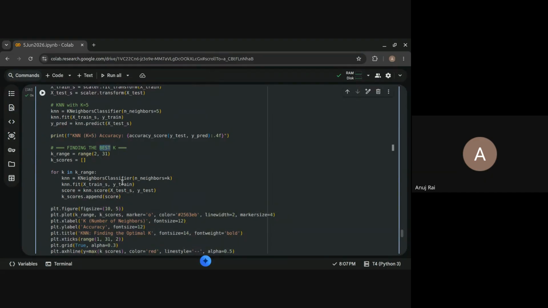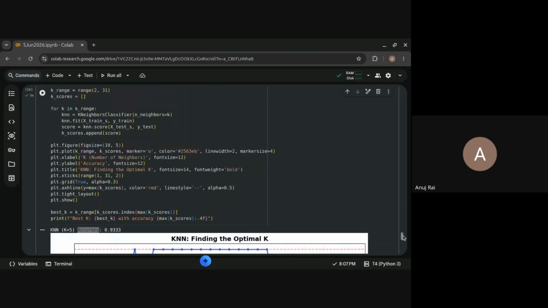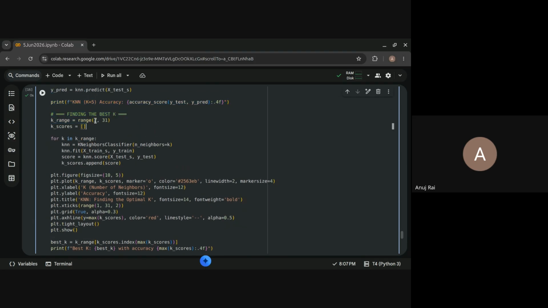We are increasing n_neighbors to see how the model performance changes. We kept 5 as the default, but we can't be sure that it's best; if data points are too concentrated, increasing n_neighbors might improve the performance. So here we are increasing the range from 2 to 30.